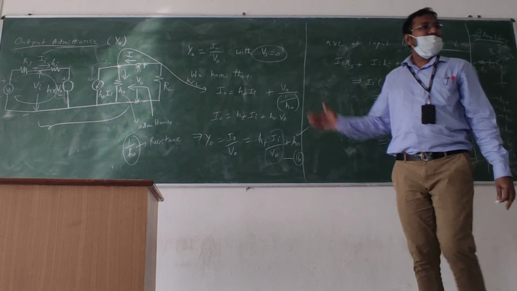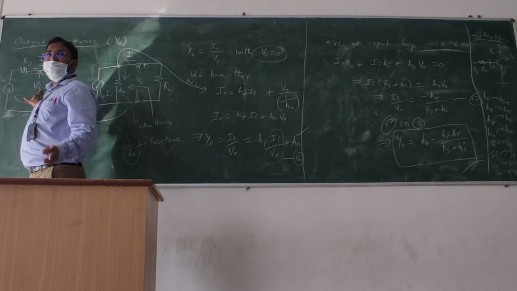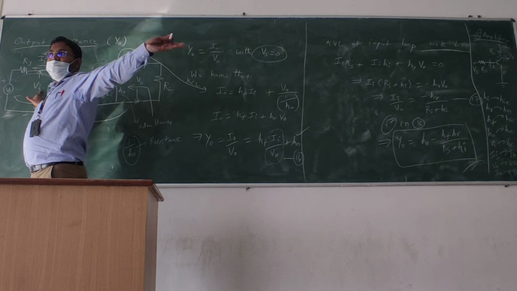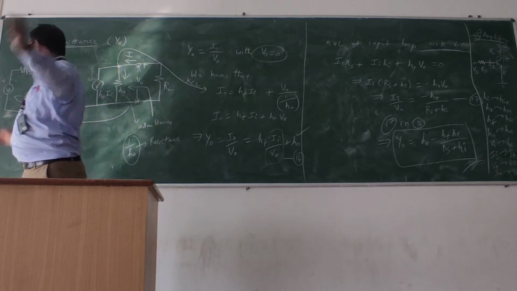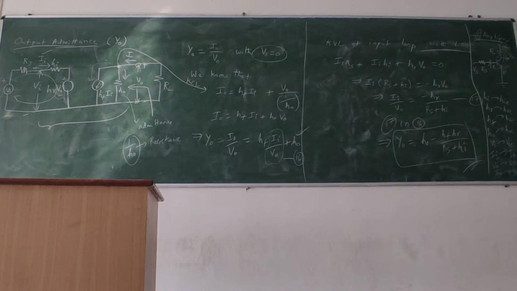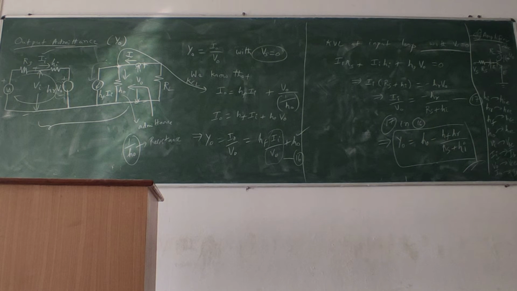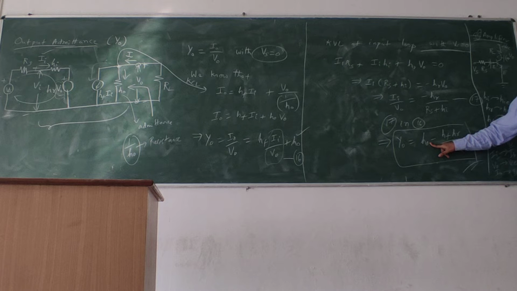Simple. So the same process you will repeat. In case of VI, you will have VBE. Correct? Okay. Modify this. Put analysis of CE amplifier. Just modify this. Steps will be the same. The final result will be the same. Only here you will have HOE, HFE, HRE, HIE.